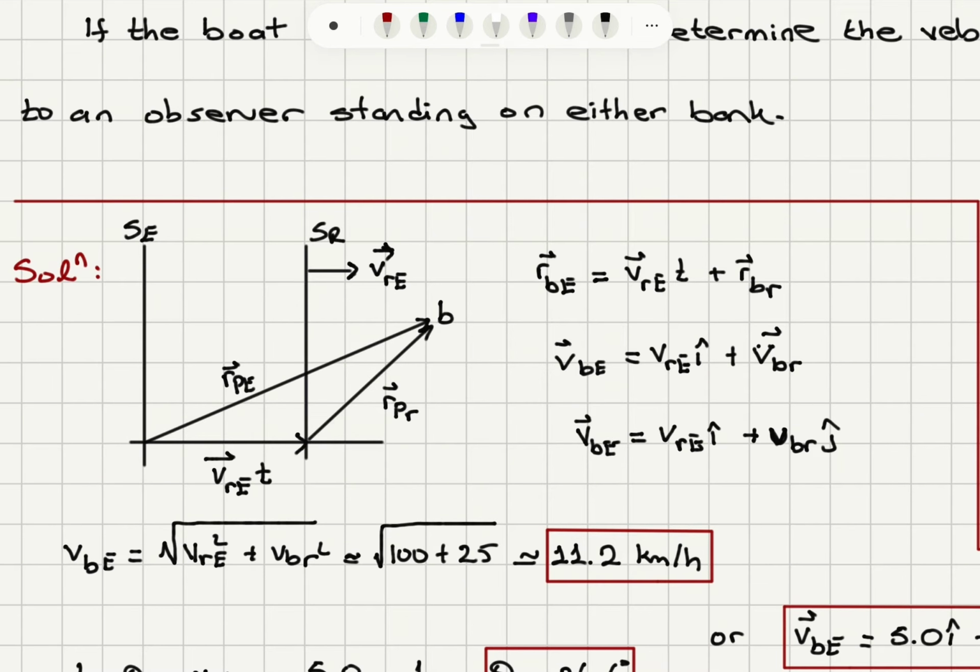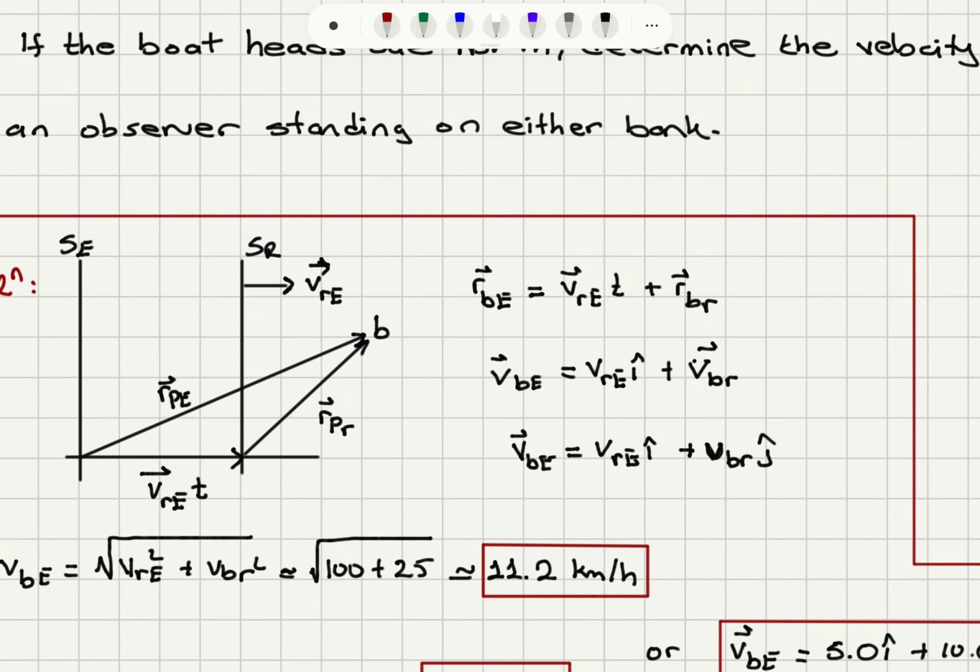The river is moving, the water is moving with respect to the earth reference frame with a relative speed VRE. So this is our VRE vector, and it's in plus x direction, so it's due east.